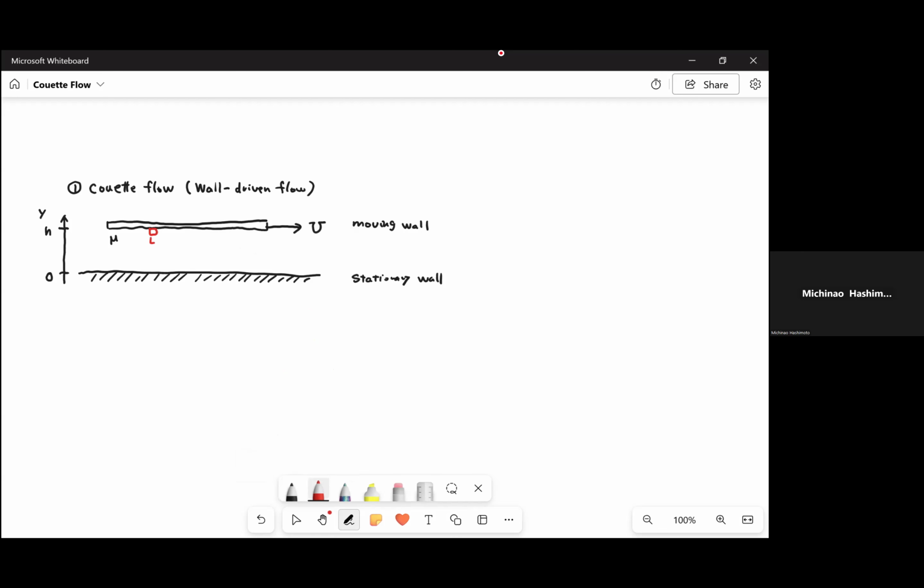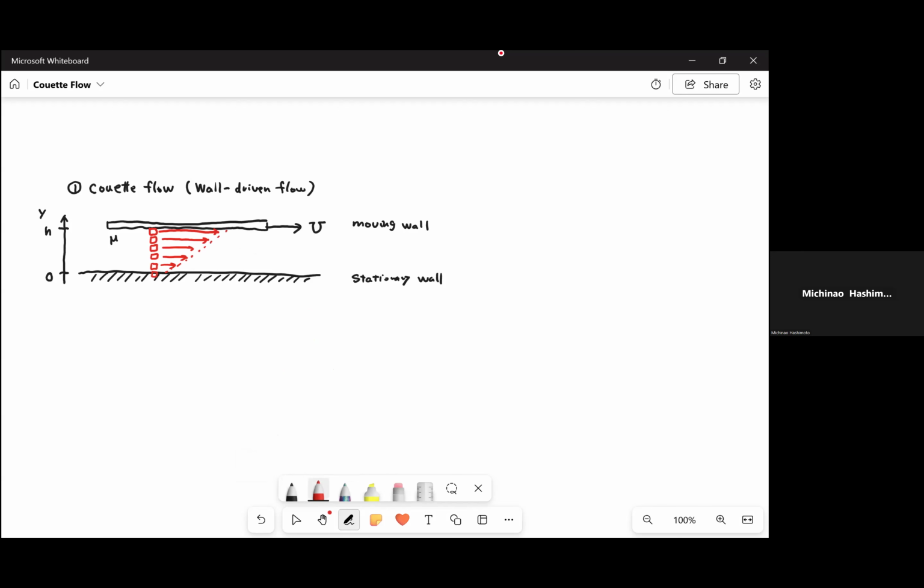So this is something that we discussed in week one: the fluid particles between these two walls are going to create a linear velocity gradient. I'm not sure if you remember the discussion we had.